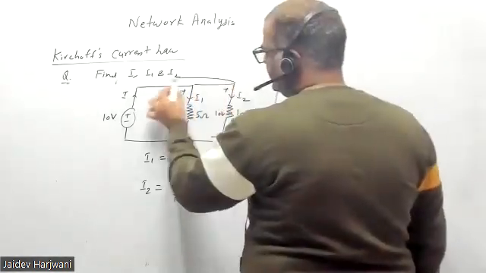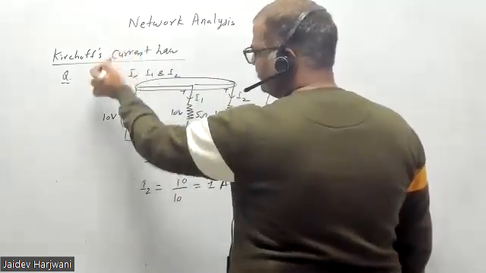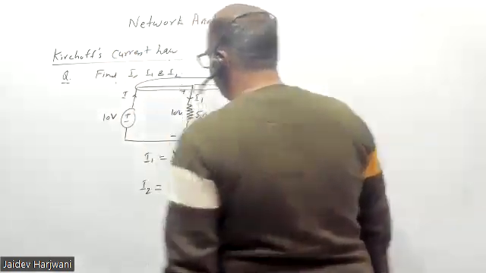This is a node, and Kirchhoff's current law says that the algebraic sum of currents should be 0.